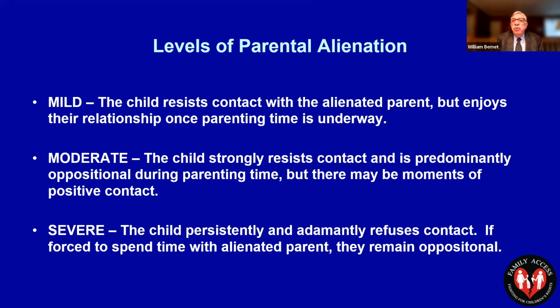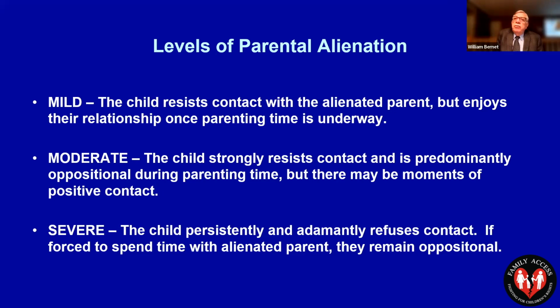In moderate, the child says, I don't want to go see dad, for example, and they go and they're difficult. In other words, they continue to be oppositional. They are negative. They're hard to get along with. But there are moments when they're fine, that they soften up and they do have dinner and they do go to the movies together. They engage in some game.